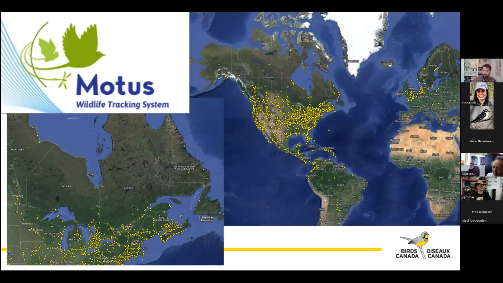Researchers fit small radio transmitters onto animals, and then there's signals detected by receivers scattered across the landscape. And MODIS is the central hub for detection data for more than 750 receiving stations now. And so you can see this map of where there are existing receiver stations.